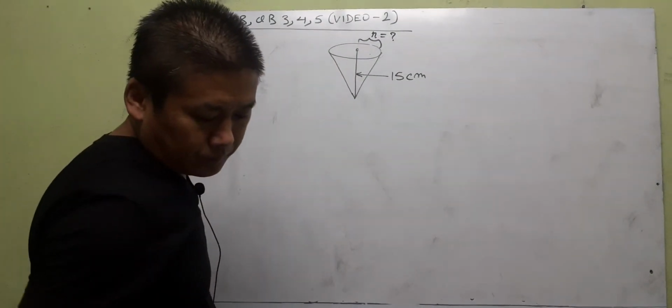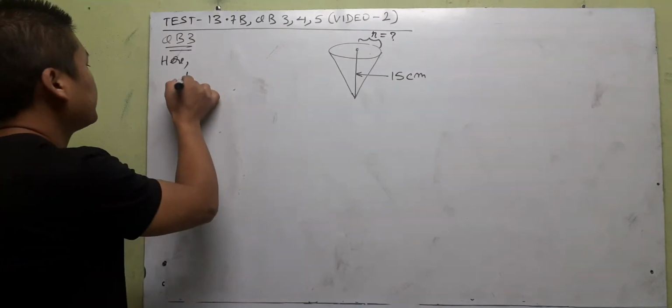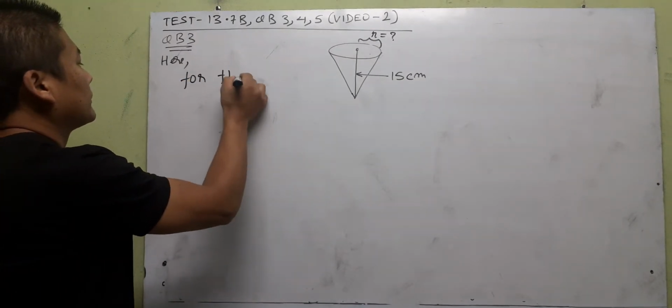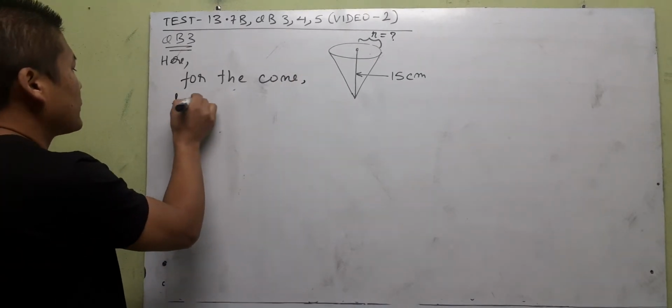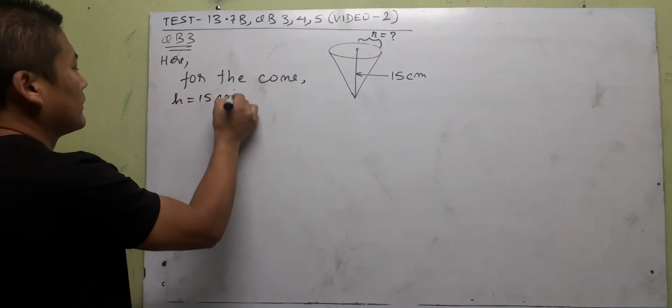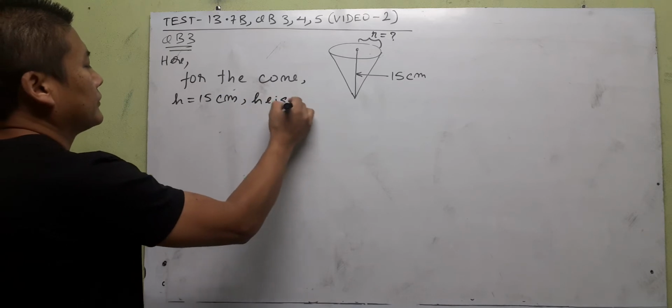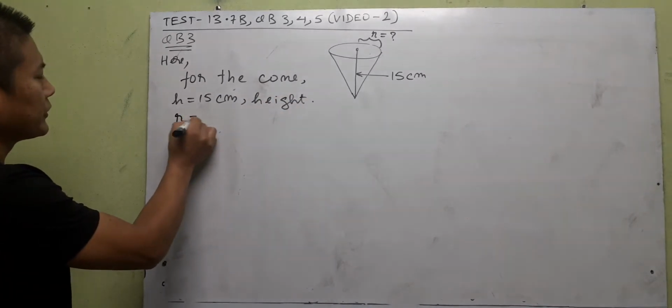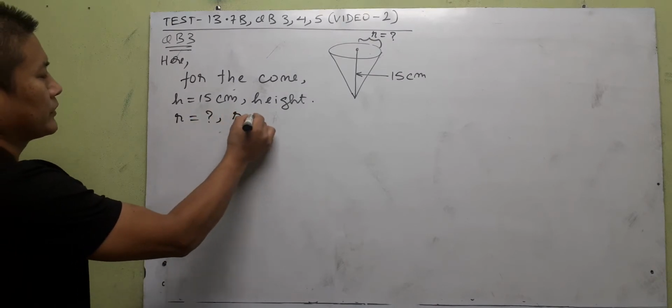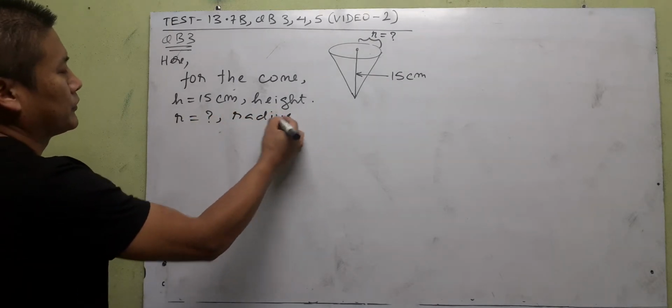For the cone that is given to us, h equal to 15 centimeter is its height or vertical height, right? And r is what we have to find, the radius of the cone.